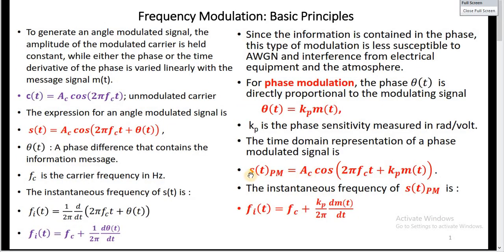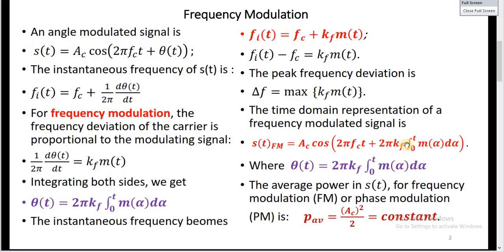By comparison, the time domain formula for the phase modulated signal is Ac cosine 2 pi Fc t plus Kp m of t. So the phase difference is proportional to the message signal. As for the frequency modulated signal, the phase difference is proportional to the integration of the message signal. So this is a fundamental difference between phase modulation and frequency modulation.